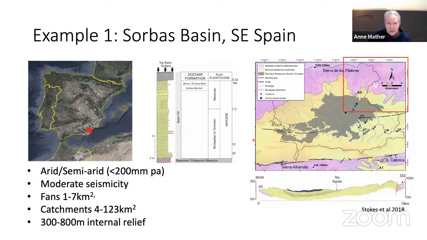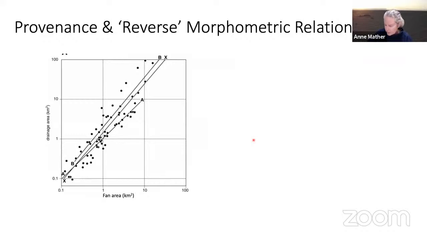Now, this top basin surface has been dated using cosmogenics at about 1 million years. The approach that we used in this particular paper, published in 2000, was to reverse the morphometric relationships that we see to try and learn about the catchment, most of which has gone. We've just got remnants of it preserved.